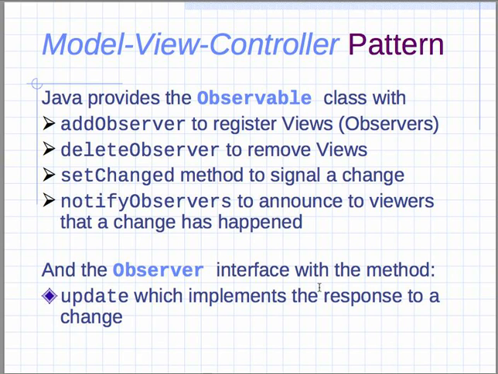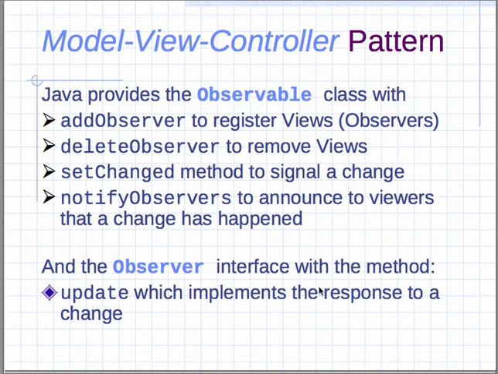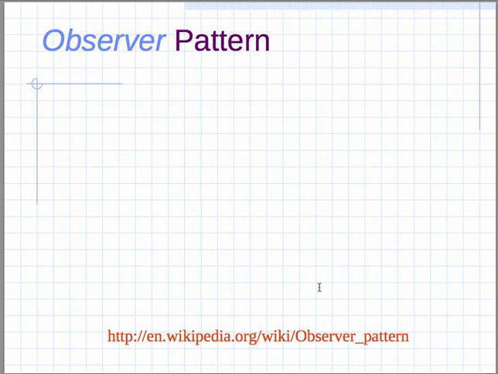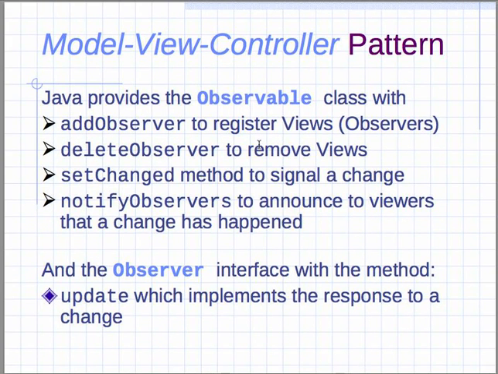So the Observer interface has the method update, which implements the response to a change. We'll talk about this observer pattern next. But I just want you to keep in mind that this Observer interface is just another way of implementing model view controller. It just happens to be available in Java, and in the original list of design patterns, there was no model view controller, just observer.